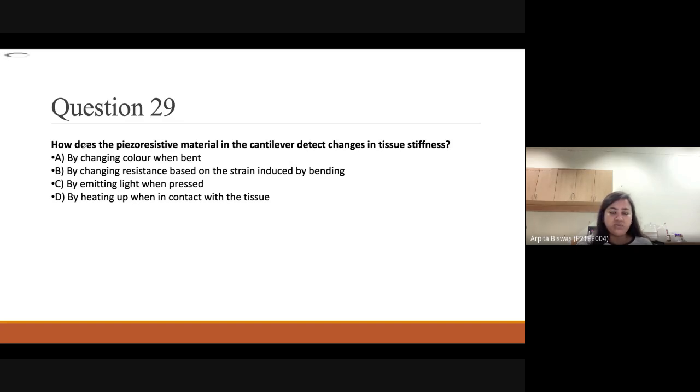How does the piezoresistive material in the cantilever detect changes in tissue stiffness? By changing the color when bent, by changing the resistance based on the strain induced by bending, by emitting light when pressed, or by heating up when in contact with the tissue.